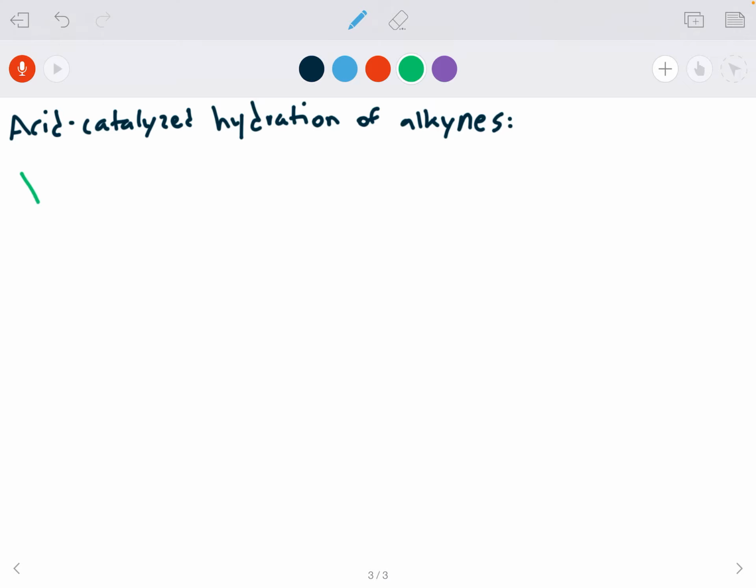So in this mechanism, we'll start with the following alkyne. Four carbons with this alkyne. We react with a strong acid. So in this case, we'll use sulfuric acid. So we can kind of put in a cartoon H+ there.